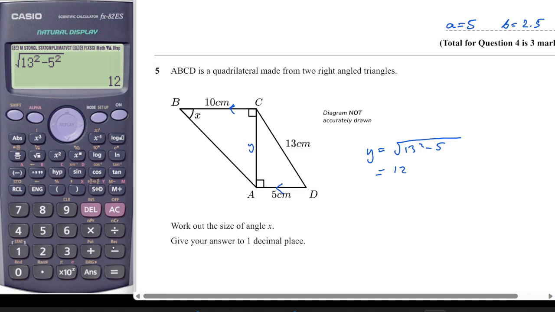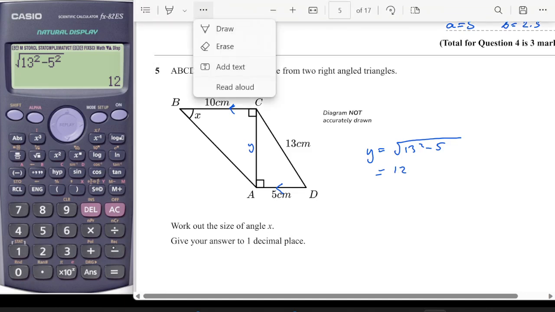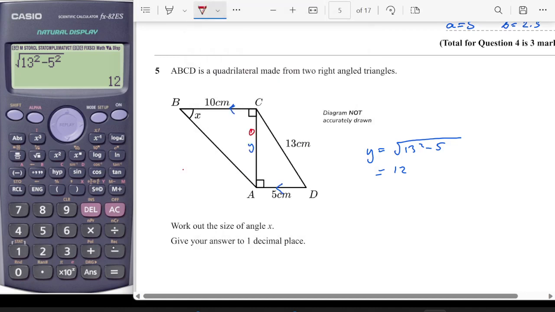So I'm now going to say that I'm trying to work out the angle. So this side is going to be my opposite, this side is going to be my adjacent, so I'm using my tan ratio, so tan is equal to opposite over adjacent.